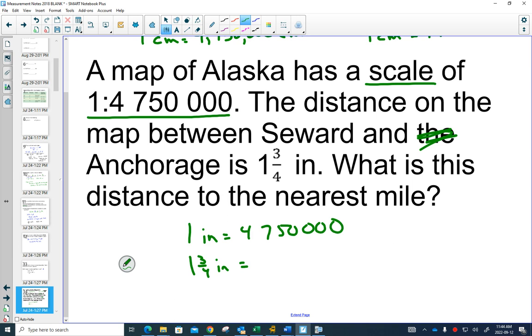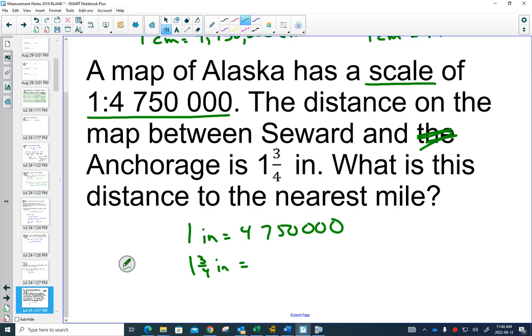Should you have more or less than you had to begin with? Should it be bigger than this number or smaller? If 1 inch is this, 1 3/4 inches should be bigger, right? Because you have more. So if it's bigger, and I'm using that strategy, then I'm going to multiply by 1 3/4.